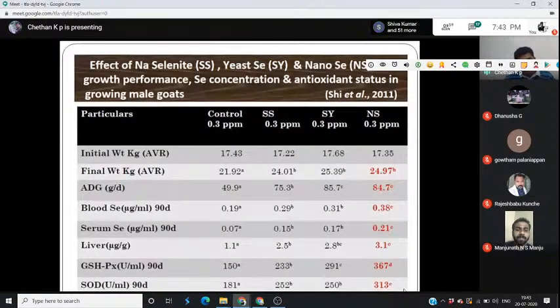All the parameters like average daily gain, final body weight, blood selenium concentration, serum selenium concentration, liver concentration, even the antioxidant properties like glutathione peroxidase and SOD enzyme activity were much higher in nano selenium supplemented groups.